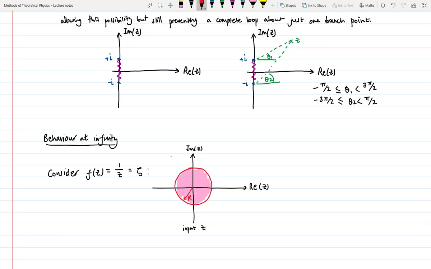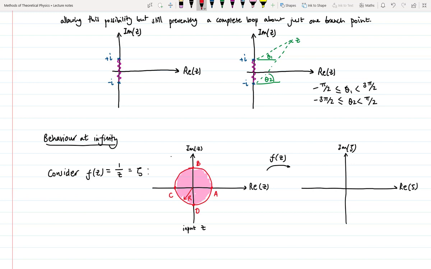I'm also going to label a few points of interest as A, B, C, and D. What happens under the action of f of z is 1 over z. We'll need another set of axes to describe the output. This is now the imaginary part of zeta, the real part of zeta.